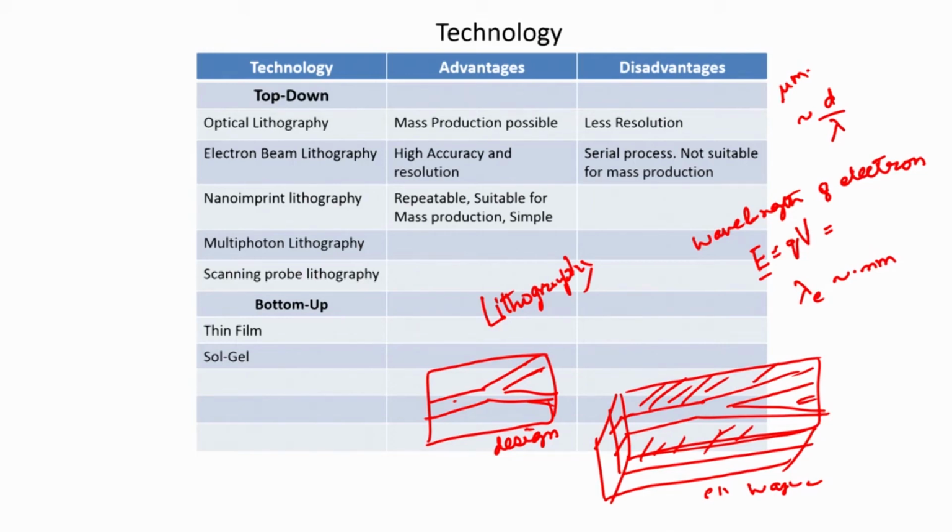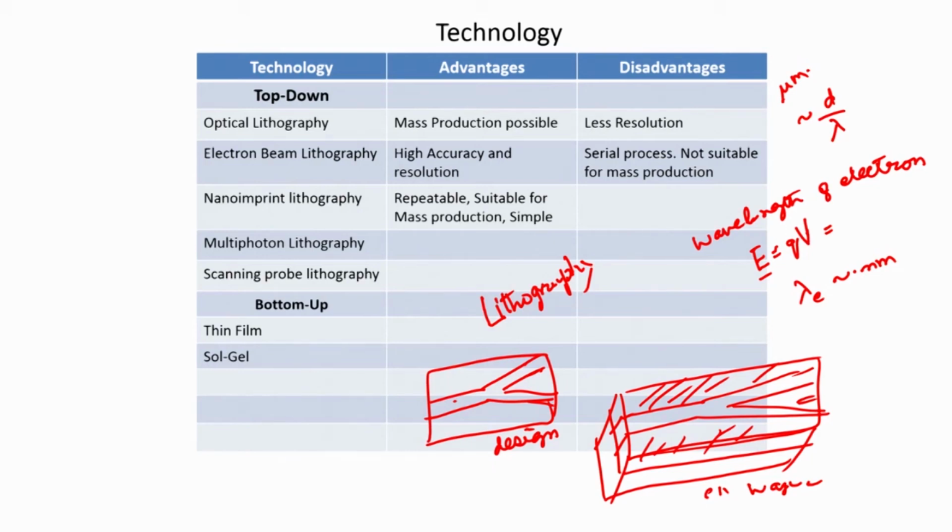Similarly, you use multi-photon lithography, similar to other electron and optical beam lithographies, where you use several photons. Interference of these photons can result in very good beams which can be used for the lithographic process. Similarly, there is what is called scanning probe lithography, where you scan the entire pattern and then write wherever you would like to have the pattern.